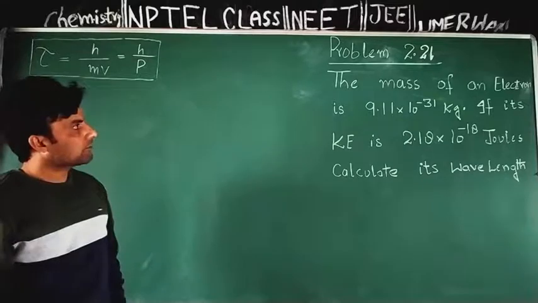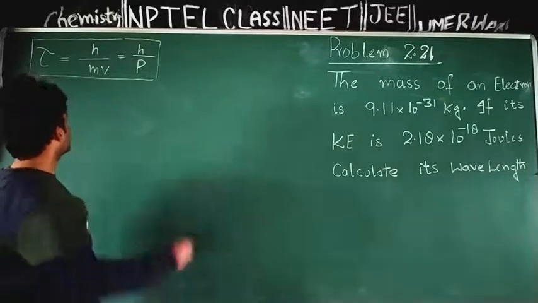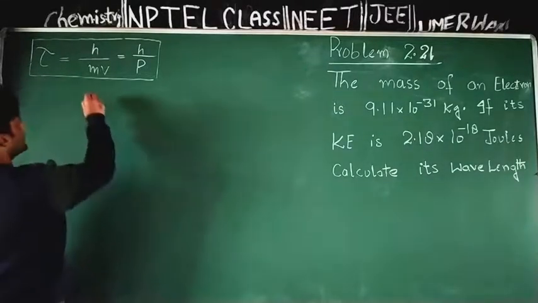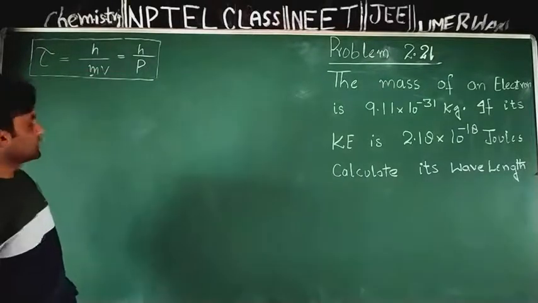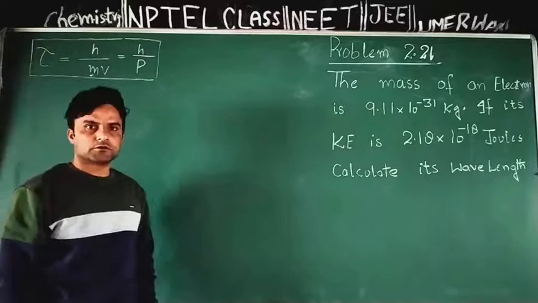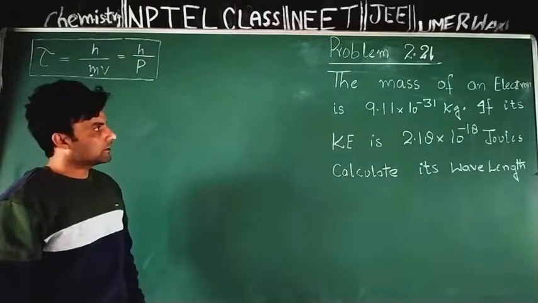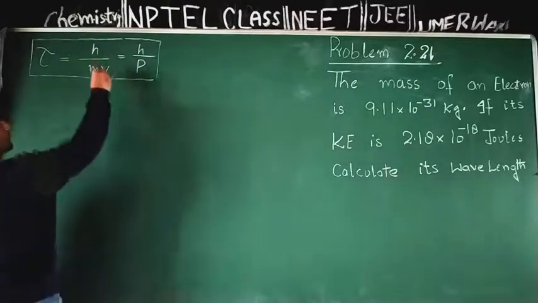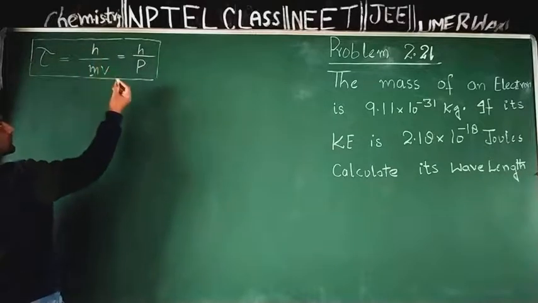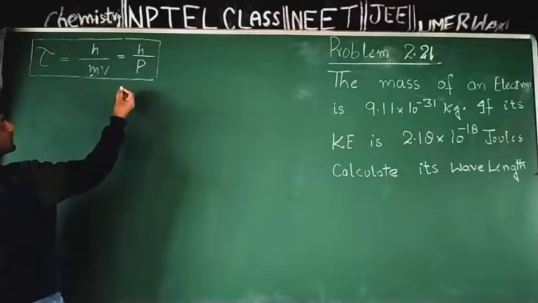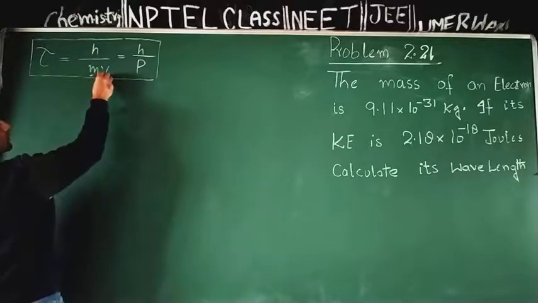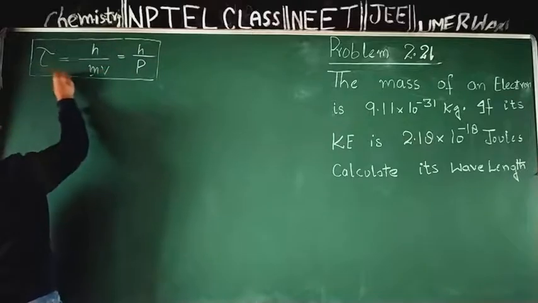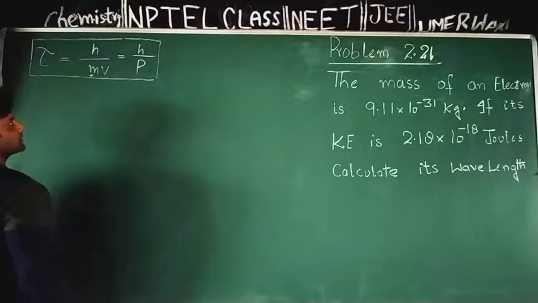Now coming to the problem, the mass of electron is... here it is fundamental to say that if we have two particles, one small sized like an electron and one large sized, h is constant for both, and if we assume that both move with the same velocity, then the wavelength of matter wave will have inverse dependence on mass.